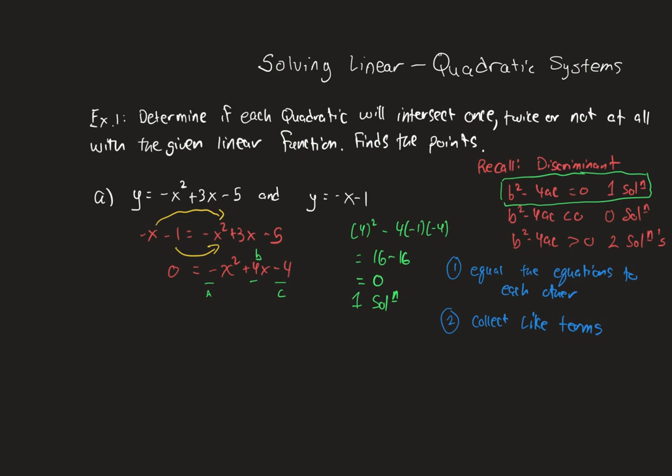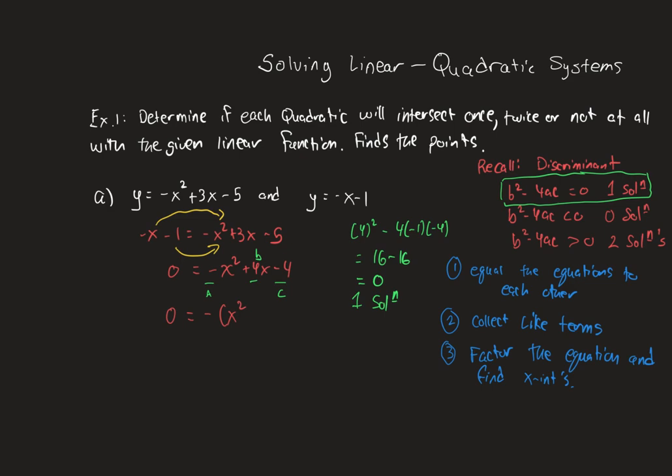Now, how do I find a solution? That comes into our next step. So the next step would be factor the equation and find your x-intercepts. Okay, so in this case, it's going to be easy to common factor the negative out first.